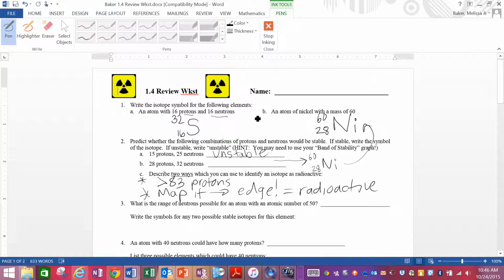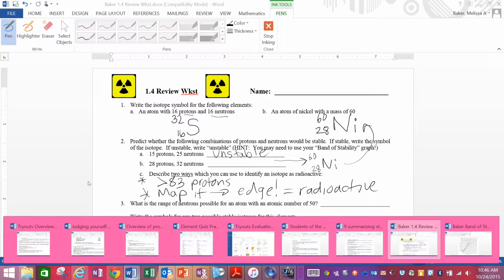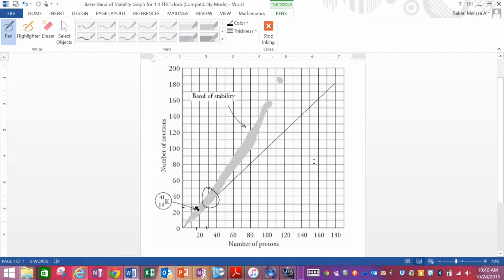Number 3. What's the range of neutrons possible for an atom with an atomic number of 50? Write the symbols for any 2 stable isotopes for this element. So there's going to be lots of answers, but let's go look at where 50 would fall on here. So I'm going to go right to the 50 and go up.